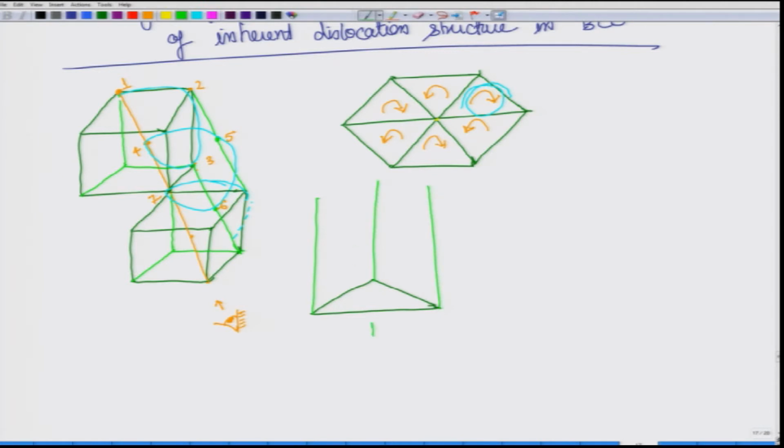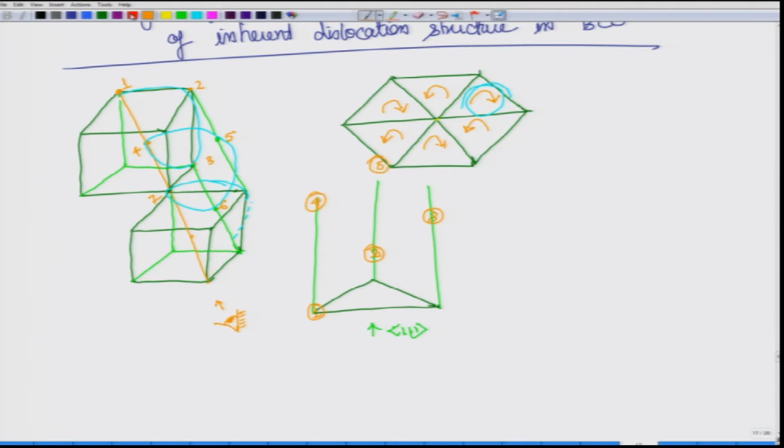So, this direction is, remember, 1 1 1, and so the first atom lies, let us say, somewhere over here, and this is moving clockwise. The second one is over here, I will mark it 2, the third one is over here, and the fourth one is over here, and fifth one will be over here.